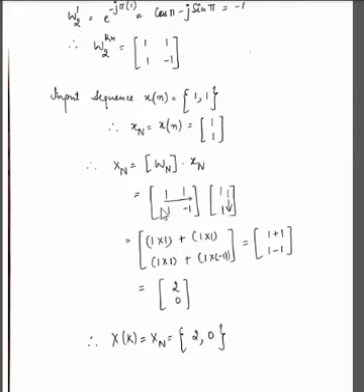Now we have to solve this matrix by row and column, that is first row and first column. 1 into 1 is 1, 1 into 1, so it becomes 1 plus 1, and in the second row it becomes 1 minus 1. We have obtained the values 2 and 0. So the DFT of our input sequence becomes x of k equal to 2, 0.